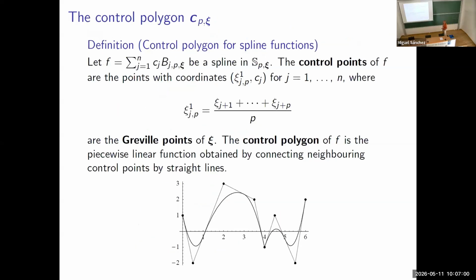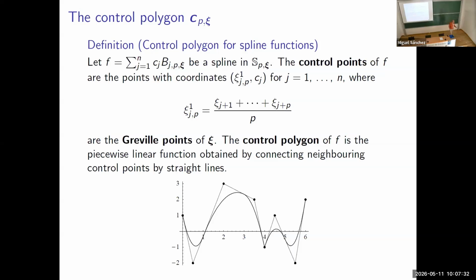And using this, we come to the control polygon for a spline. If you have a spline function with coefficients Cj, you can define what are called the control points. These are the points with the Greville points as the x value and the coefficient Cj as the y value.